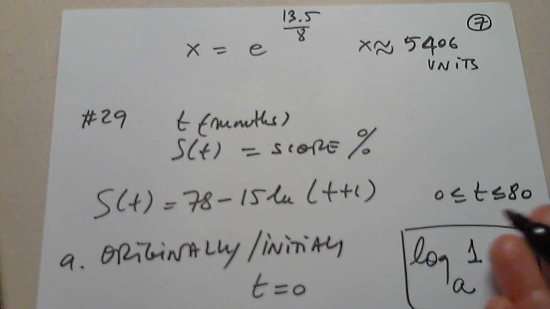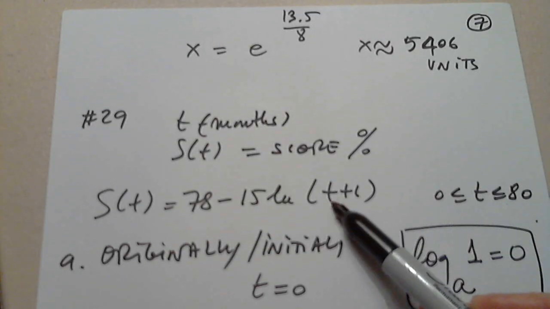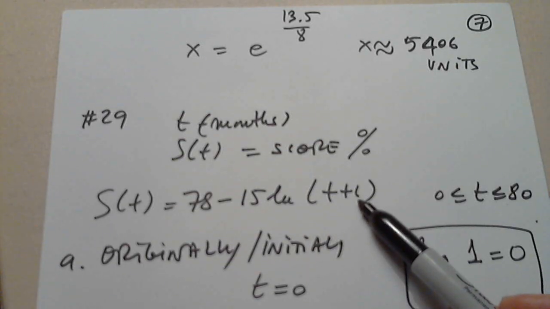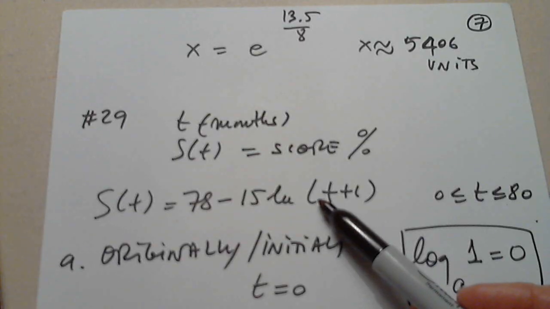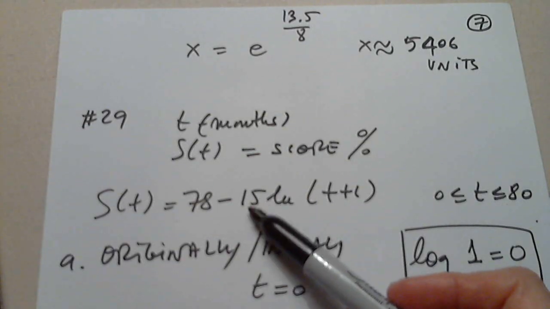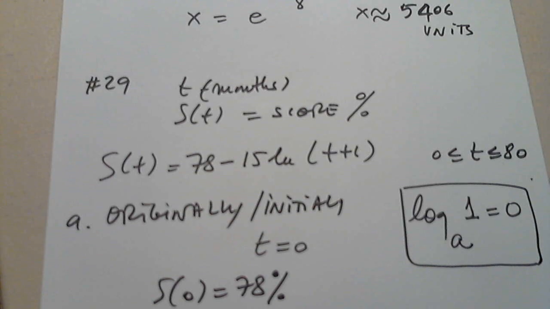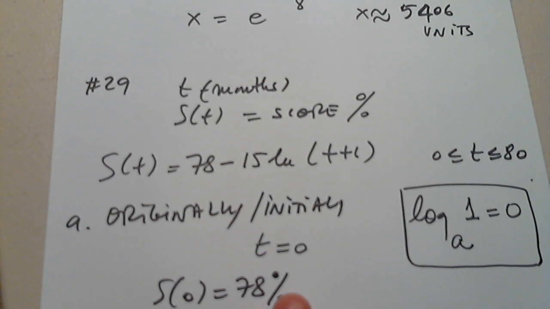You don't need to remember this, just plug it in the calculator. So 0 plus 1 is 1, natural log of 1 is 0, 0 times negative 15 is 0, plus 78 is 78. So S of 0 is 78%. When the course ended and they took the first exam, the average score was 78%.